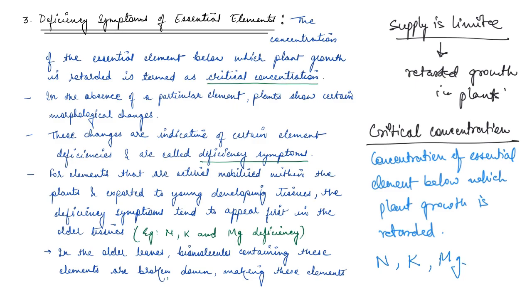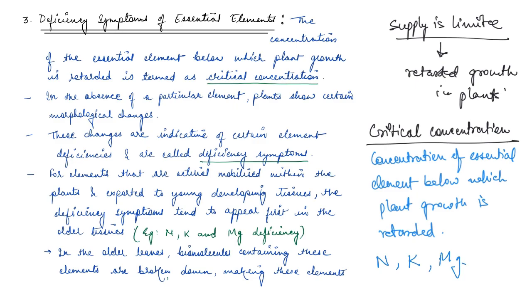So remember: with elements that are easily mobile, the deficiency symptoms first appear in older tissues, and with elements that are immobile, the deficiency symptoms first appear in the young tissues, right?